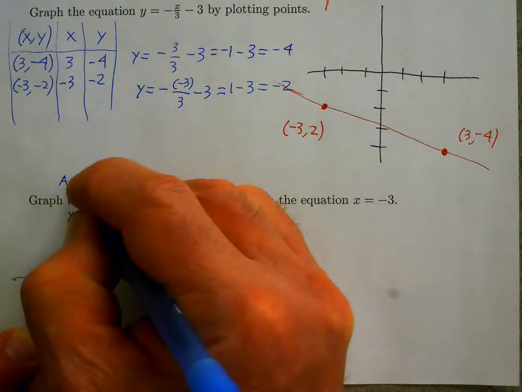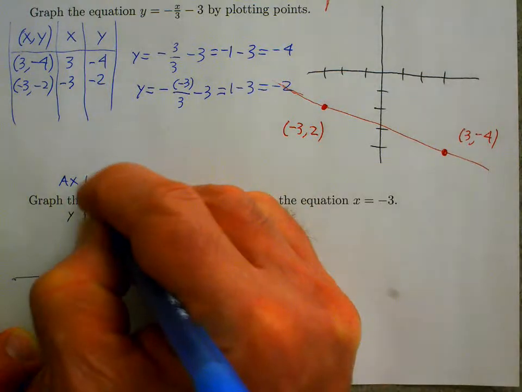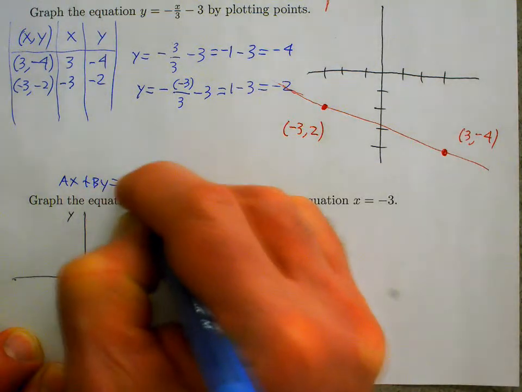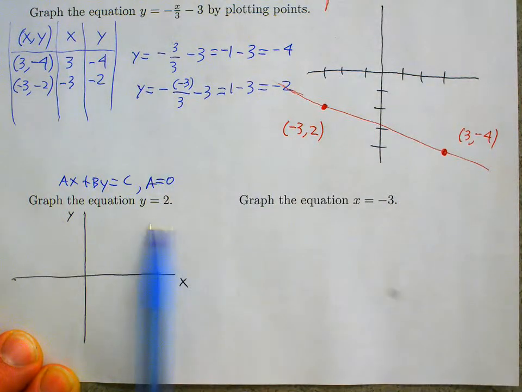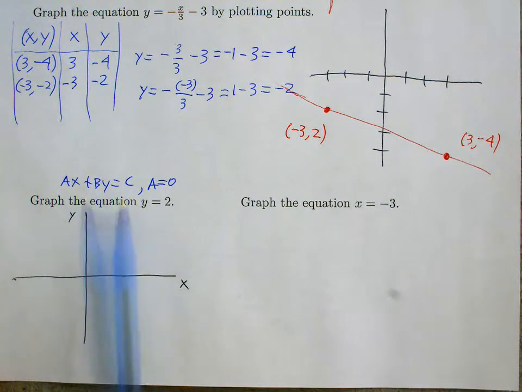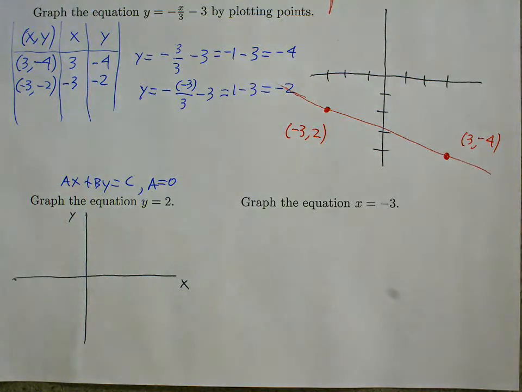So it's still a linear equation, ax plus by equals c. This time a is 0, b is 1 and c is 2. The graph is still a straight line.